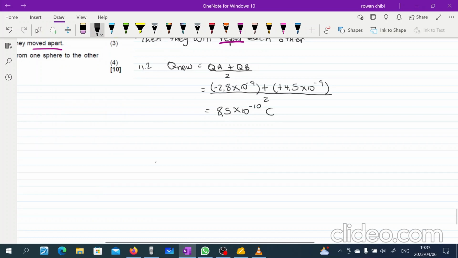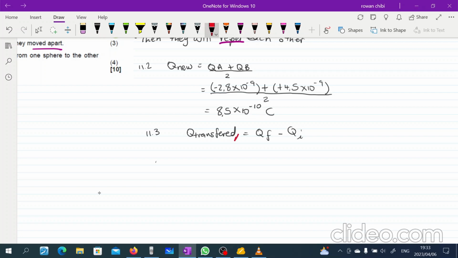So 11.3, we say Q transferred is equal to Q final or Q new minus Q initial.